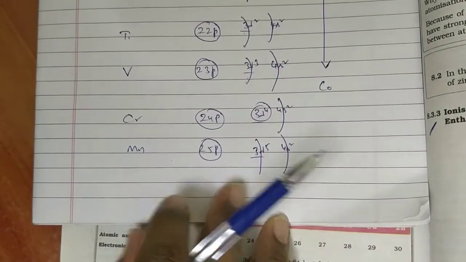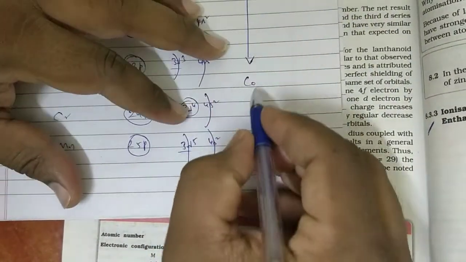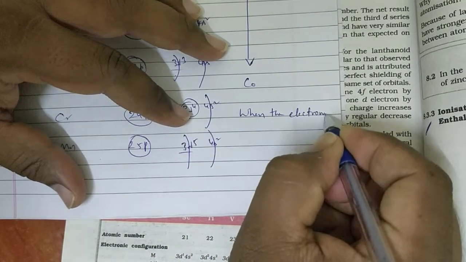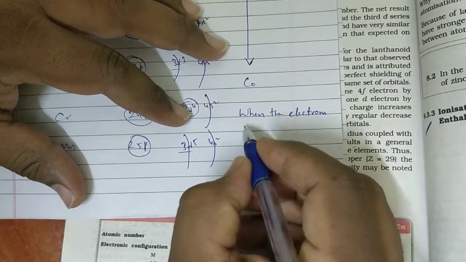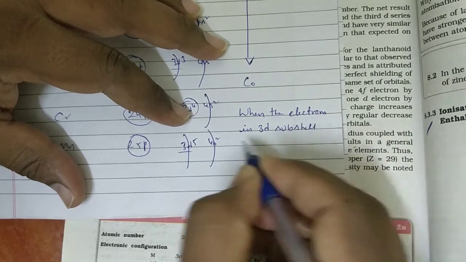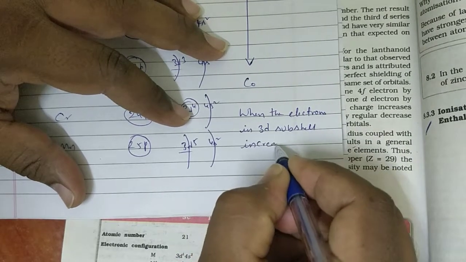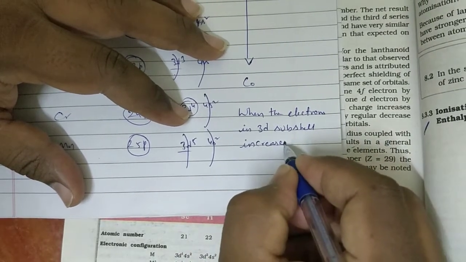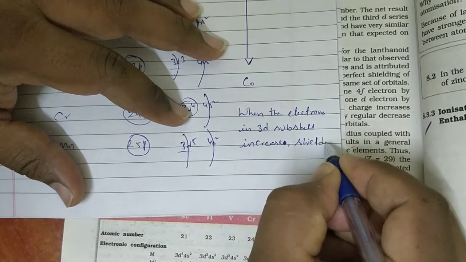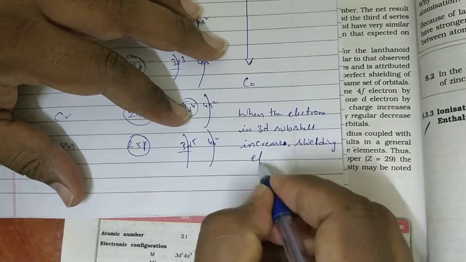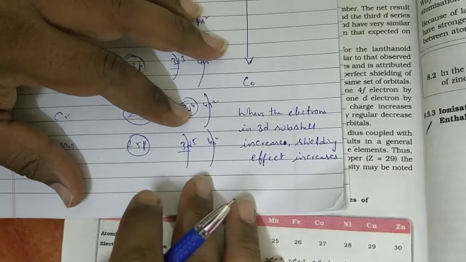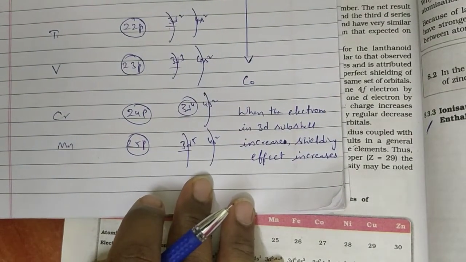Now I am writing the point. When the electrons in 3d subshell increase, shielding effect increases.